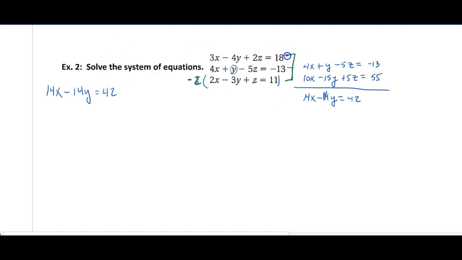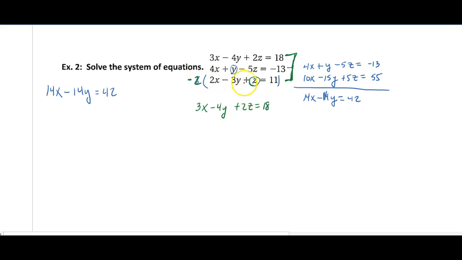Now I'm going to focus my attention on eliminating z using the top equation and the bottom equation. Since that's positive 2z, I want to turn this into negative 2z by multiplying the entire equation by negative 2. So the first equation, again, doesn't change.